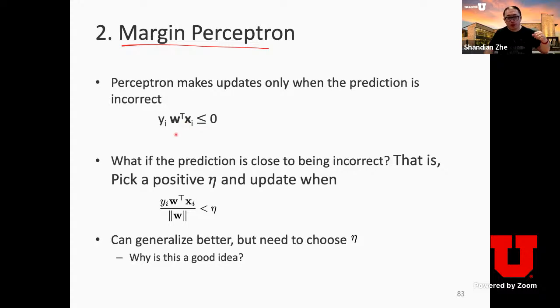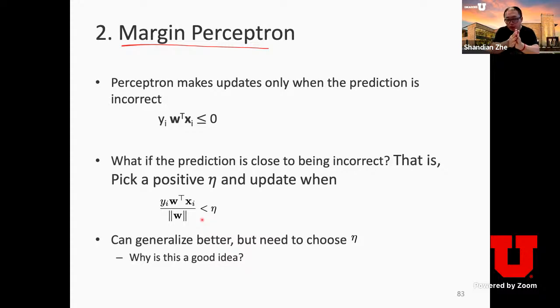However, even if your yi w transpose xi is bigger than 0, you still have some possibility that this inequality does not hold. If it is bigger than 0, however this value is still smaller than eta, you're still going to incur the updating rule.